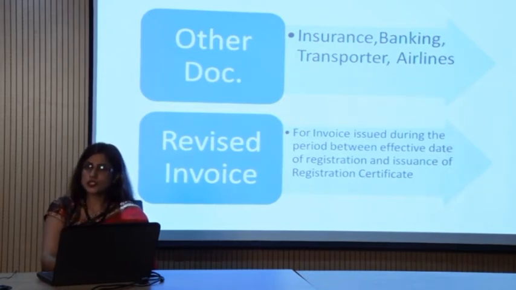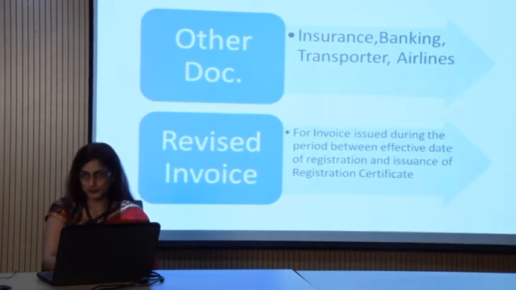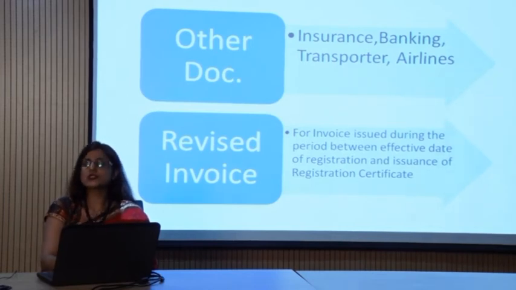In the duration from 1st October to 20th October, I cannot issue the tax invoice, although I am liable to collect the tax from the recipient. Even then I cannot collect tax unless and until a registration certificate is issued to me. So, for example, on 20th October I got my registration.